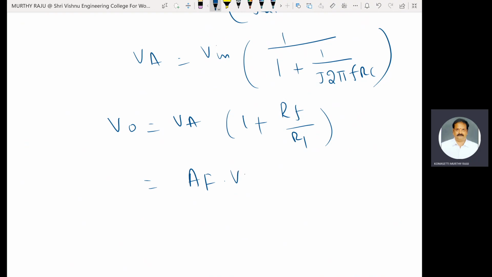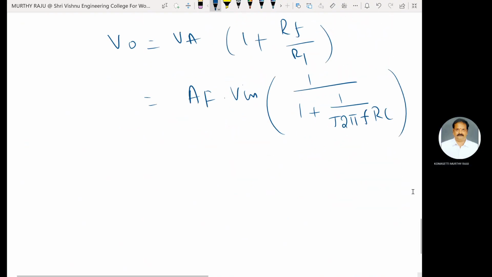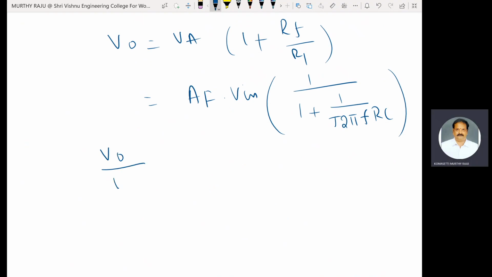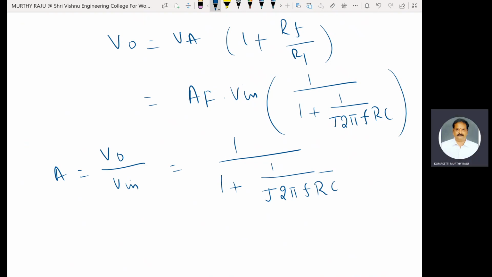But VA is equal to Vin into 1 by 1 plus 1 by j 2 pi F RC. Therefore V0 by Vin, that is A, is equal to AF by 1 plus 1 by j 2 pi F RC.